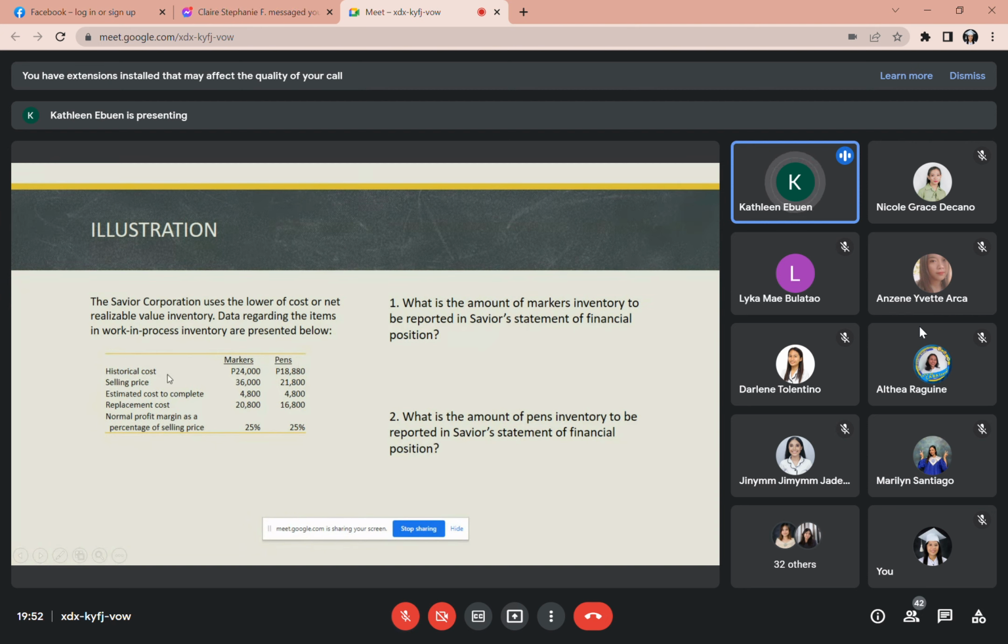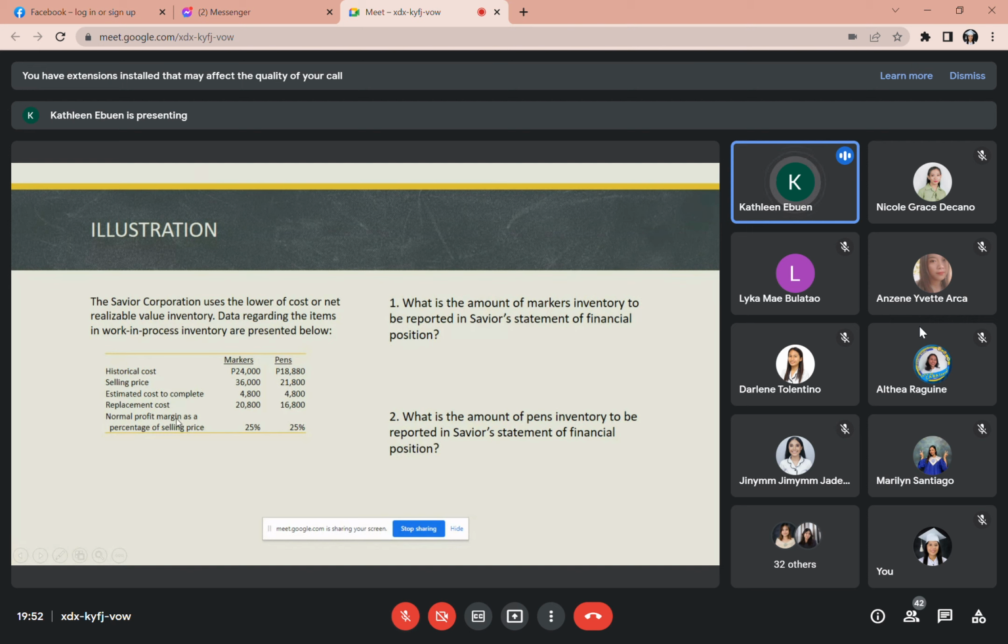So the historical cost for the markers is 24,000 and 18,800 for pens. The selling price is 36,000 and 21,800 for pens. The estimated cost to complete is 4,800 for markers and 4,800 din kay pens. The replacement cost is 20,800 and 16,800.